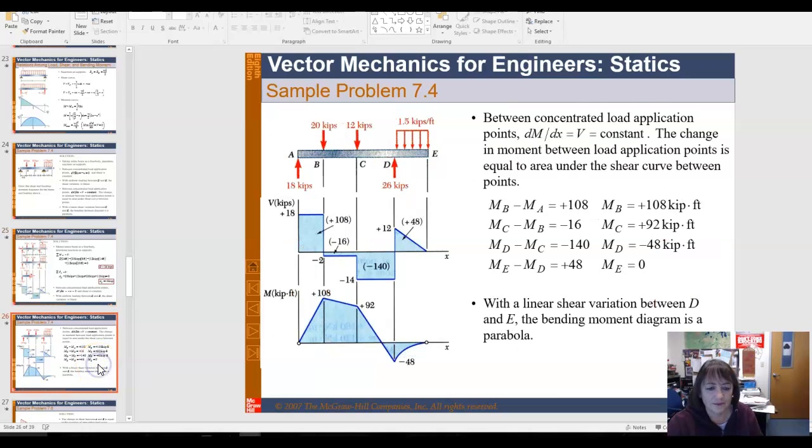Definite integrals, always. If we use that, we can see what M_B minus M_A is, M_C minus M_B, and so forth. So we can draw this odd moment curve mathematically. Every time that there is a change in the loading situation, you need to find a new point. Then you can determine if the relationship between those points is a straight line, parabolic, or some other function.